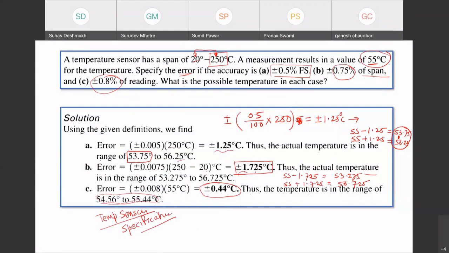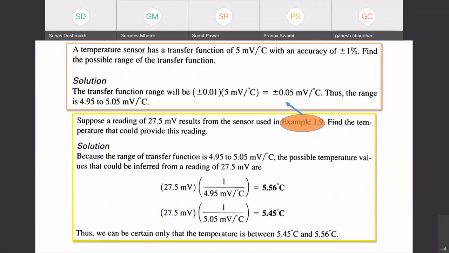Now we have another thing I want to determine: the transfer function. Transfer function is something we already discussed. For this temperature sensor, I'm going to give an input, and this is my output.